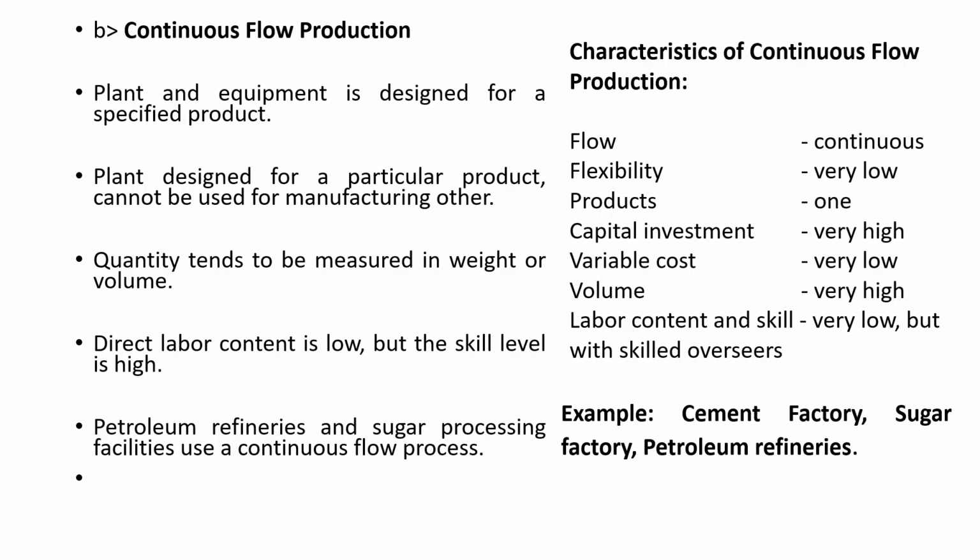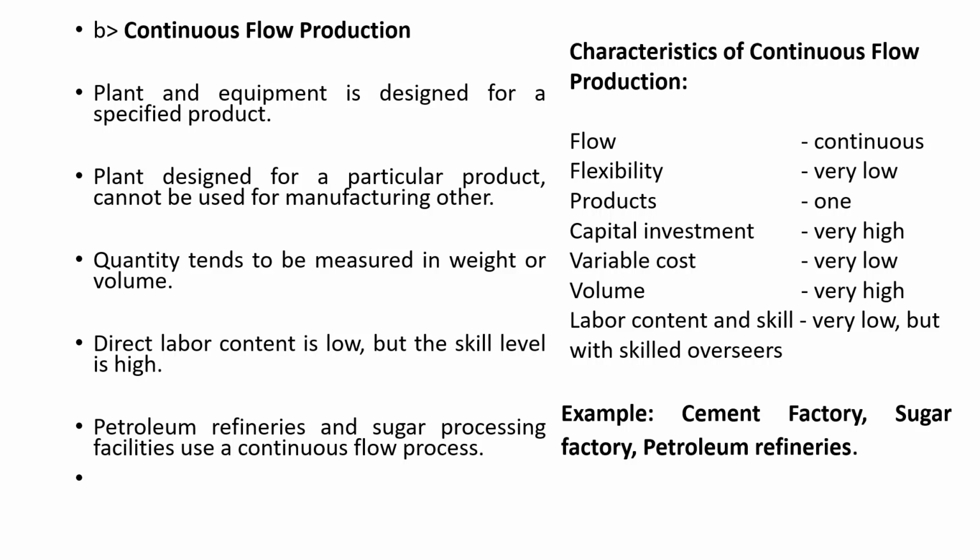So characteristics of continuous flow production are: flow is continuous, flexibility is very low. If the demand of that particular product ceases, that particular system cannot be used to manufacture any other product.